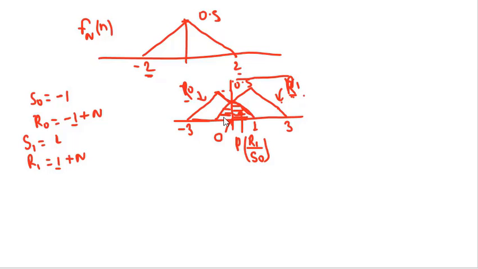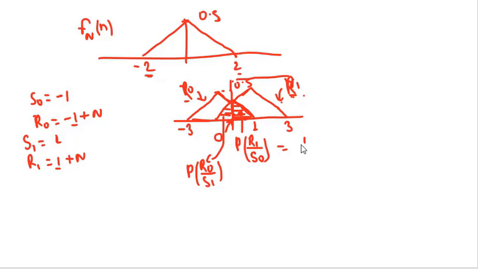Similarly, this shaded region can be given by the probability of received symbol as R0, but given that this symbol S1 has been transmitted at the transmitter side. Also, this value will be the area under this curve. That probability of R1 given S0 is the area under this curve.